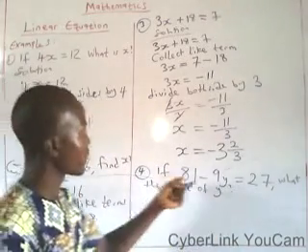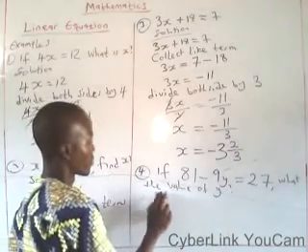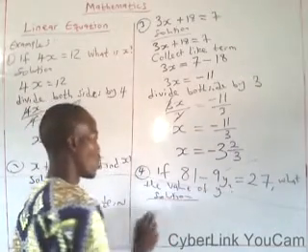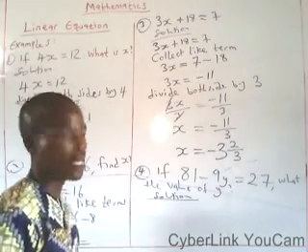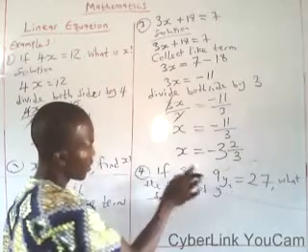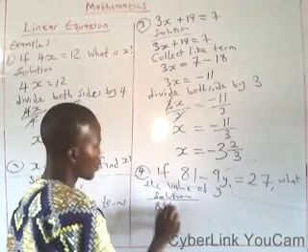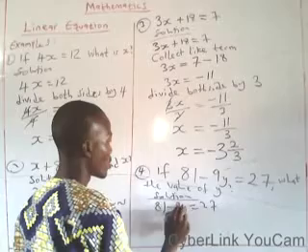The question says if 81 minus 9y is equal to 27, what is the value of y? All we need to be doing here is just collection of like terms and then dividing both sides by the coefficient of the variable given. Now, this question is 81 minus 9y is equal to 27. What is that step you are going to take?